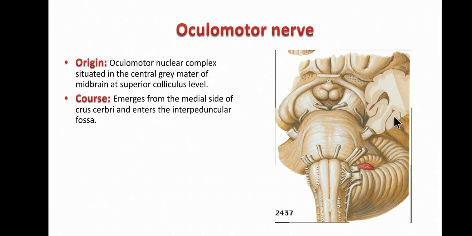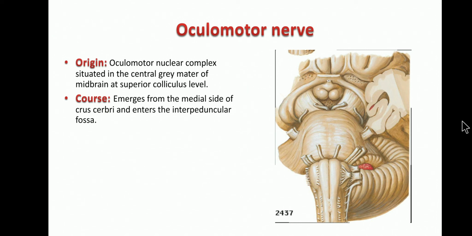Okay, so these two are called cerebral peduncles, and between them is the interpeduncular fossa. You have the mammillary bodies and the tuber cinereum, and these dots are the posterior perforated substance. So the oculomotor nerve has been labeled. This is actually your oculomotor nerve. This is actually a trochlear nerve.